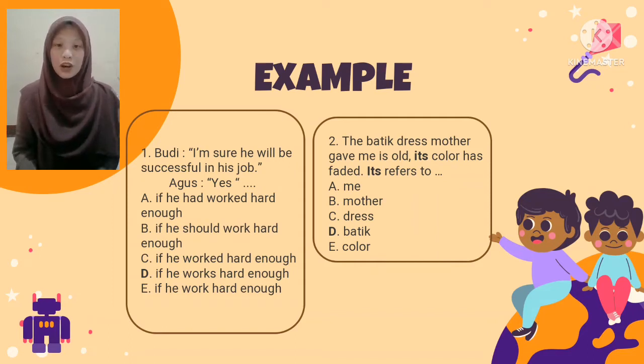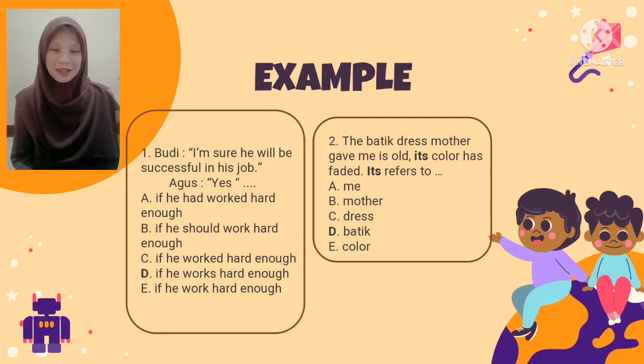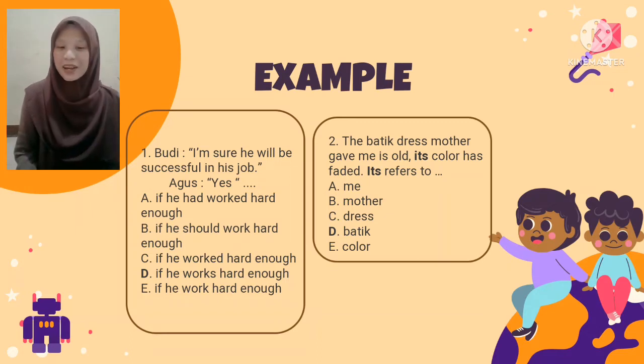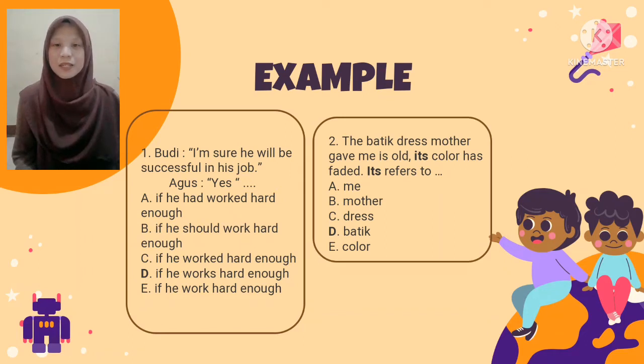And you know the answer is D, if he works hard enough, because the dialogue is about the simple future tense. And next, the second one. I have a sentence: The batik dress mother gave me is old.